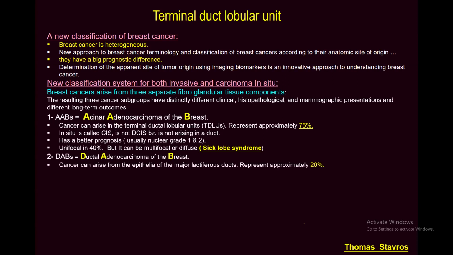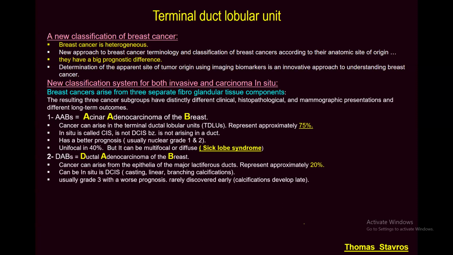The other subgroup is ductal adenocarcinoma of the breast. So cancer can arise in a major duct, major lactiferous duct, and this represents about 20%.